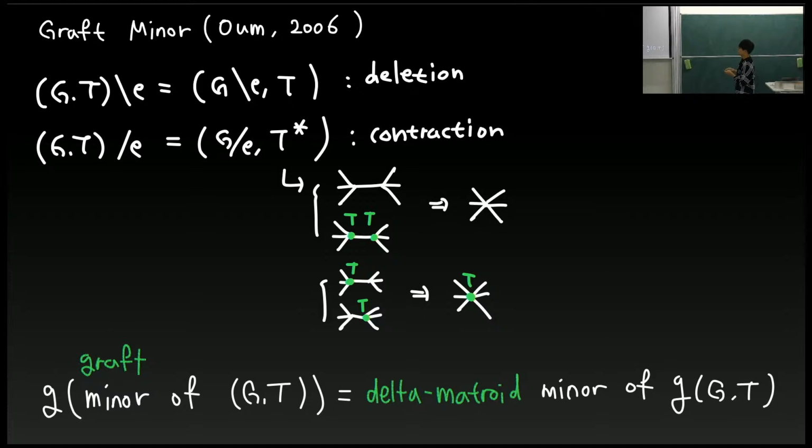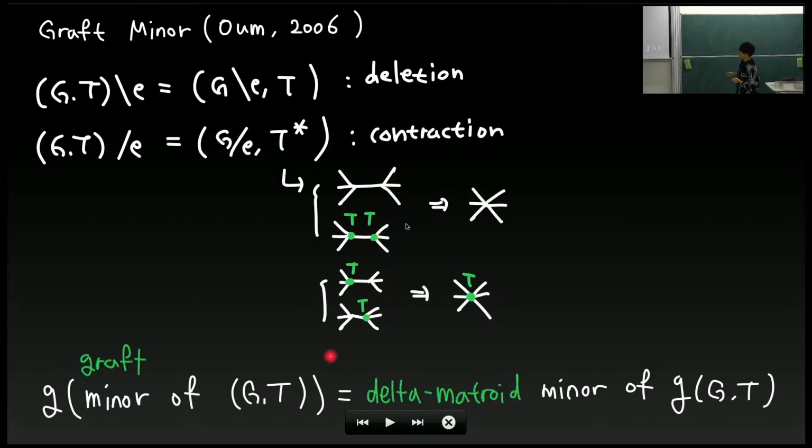This is because the resulting vertex may or may not be in T. When we contract an edge, the resulting vertex is in T if only one of the end vertices of the edge we contract is in T and the other is not in T.